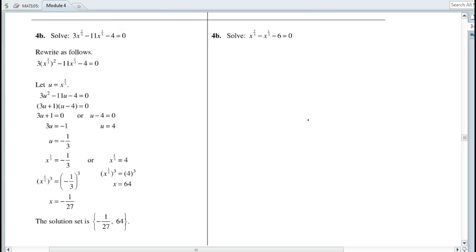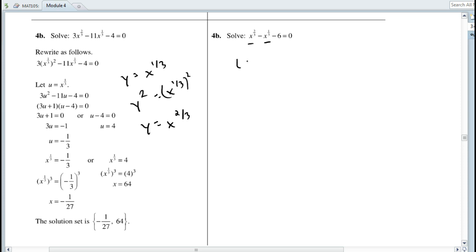Next one looks a little trickier, but the same trick works. Why? Because if we let y equal x to the 1/3, then when you square both sides, y squared will equal x to the 1/3 squared. And squaring that will still just mean multiplying the exponents. So that'll give you y to the 2/3.